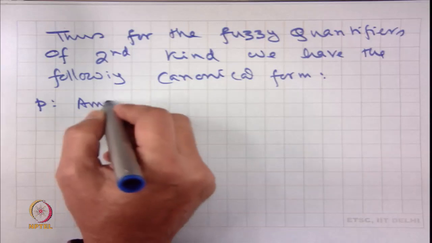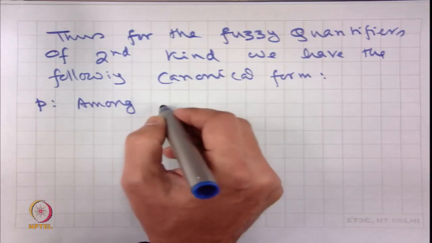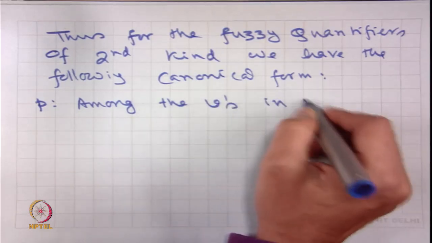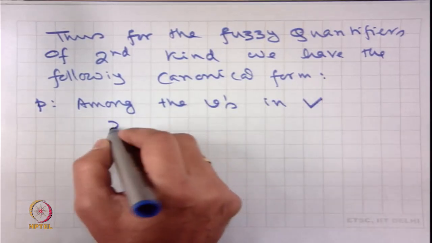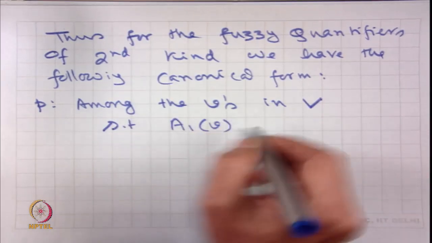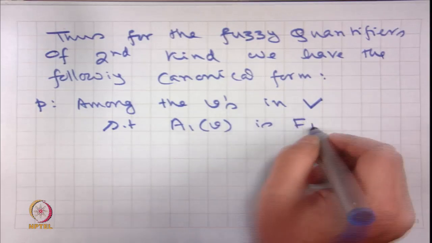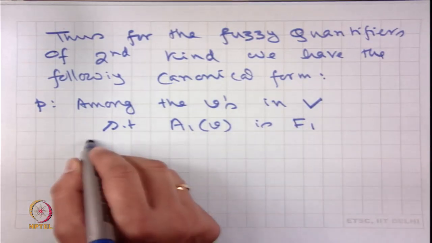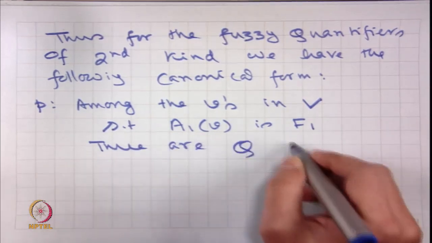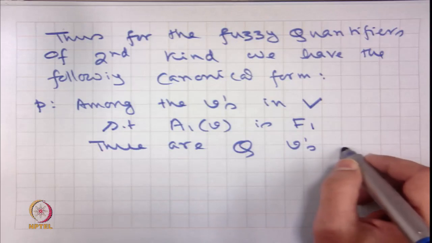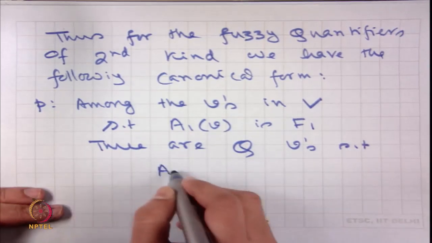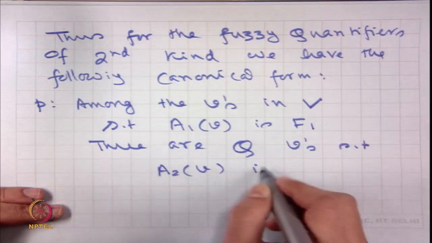Among the V's in V, such that A1V is F1, there are QVs such that A2V is F2.